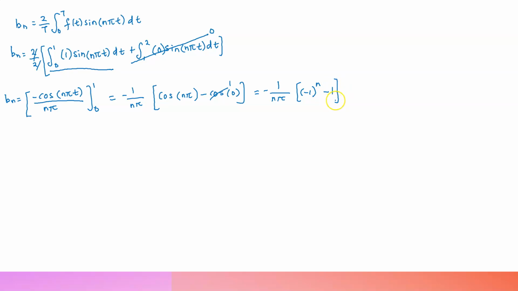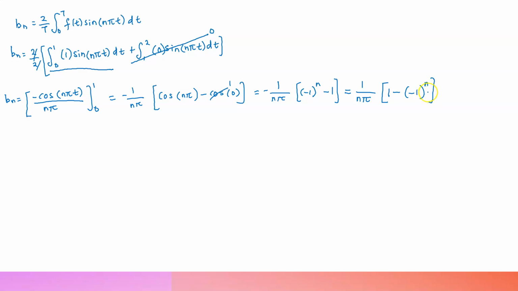Okay. Or we can rearrange because we have a negative at the front here. So we can rearrange so that this becomes positive n pi. Now this minus 1 will become positive 1. And this positive will become negative 1 to the power of n.